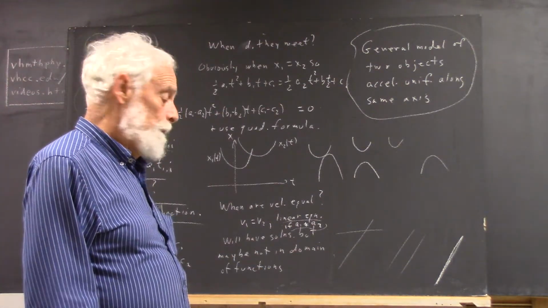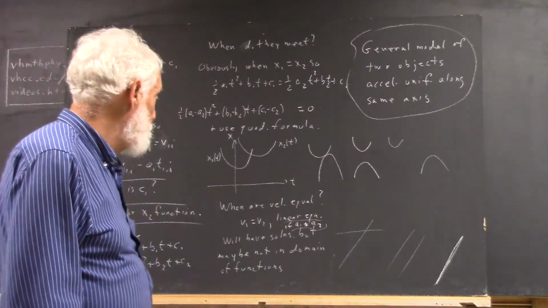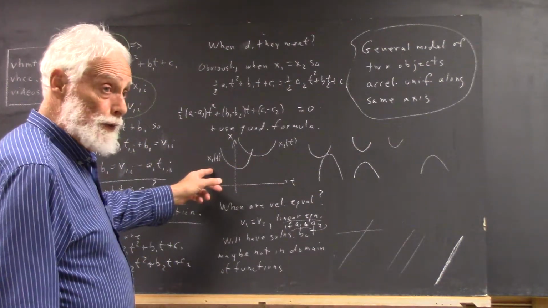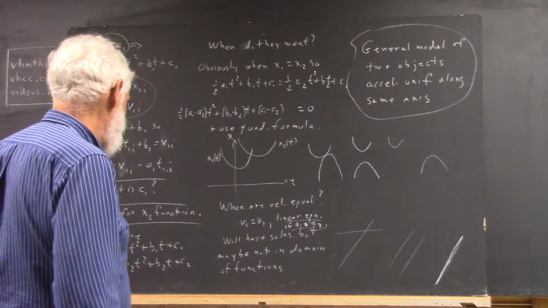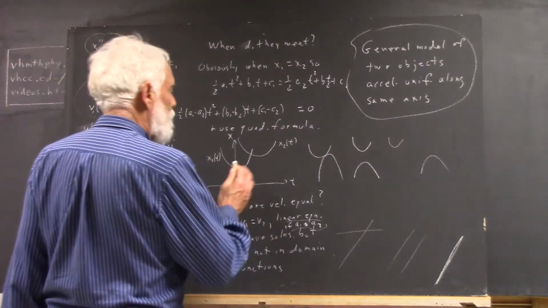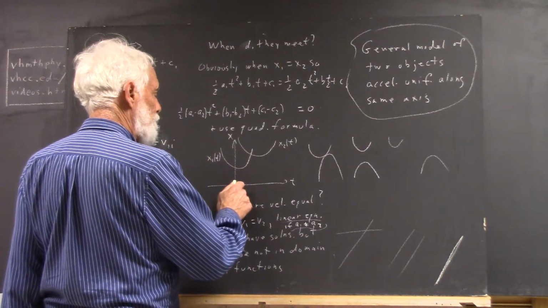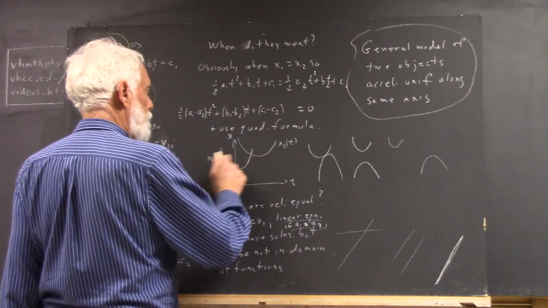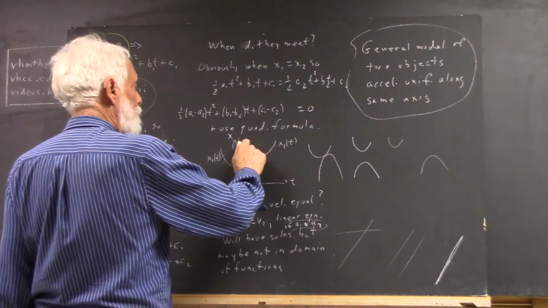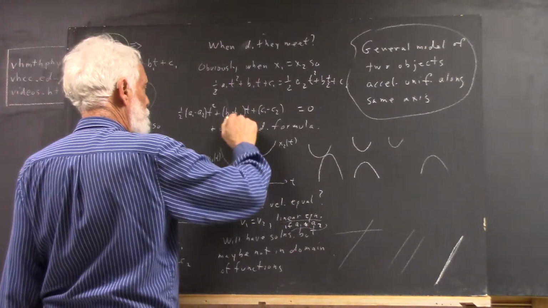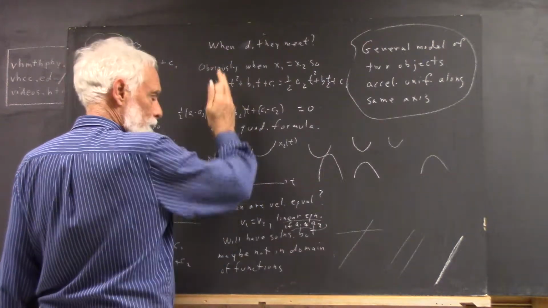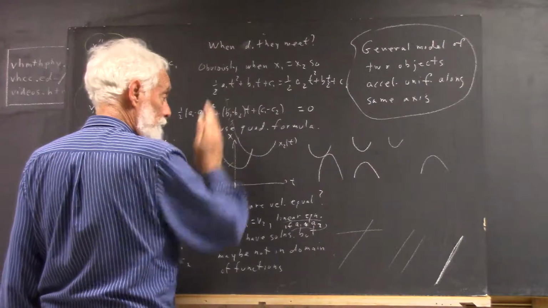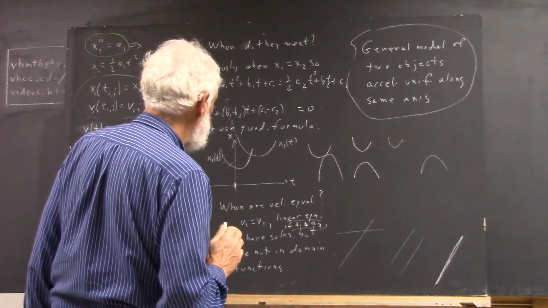You can easily, for example, this parabola is wider than this parabola. If these things are released at t equals 0 here, then none of this here on this side matters. And no part of this parabola that crosses the x-axis is going to matter.